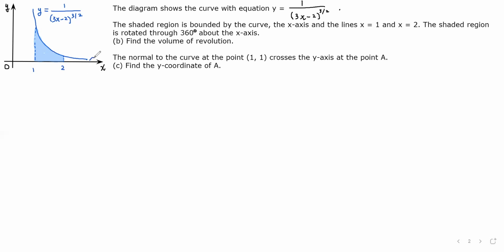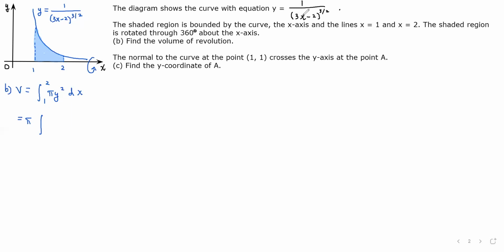The shaded region is rotated 360 degrees about the x-axis. We are to find the volume of revolution rotating about the x-axis. So we integrate pi y squared with respect to x from 1 to 2. Pull out the pi and we integrate y squared.